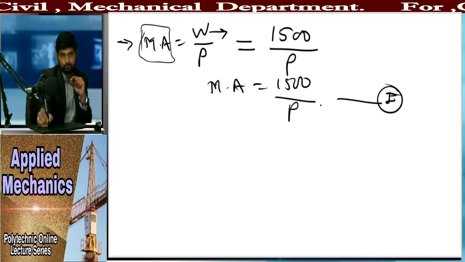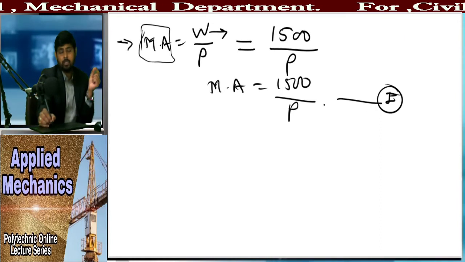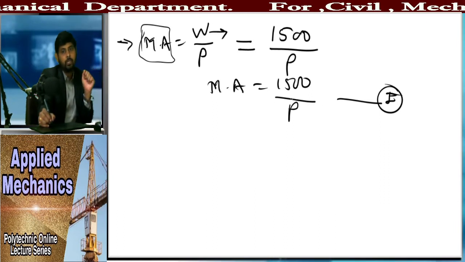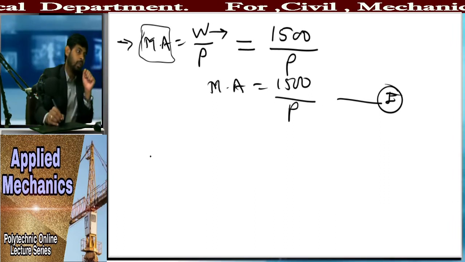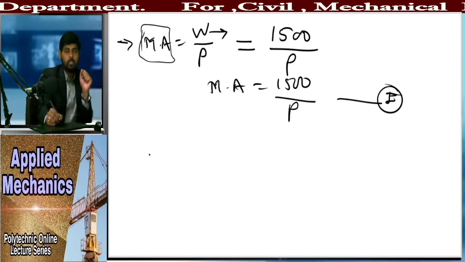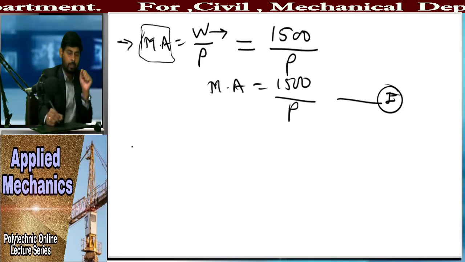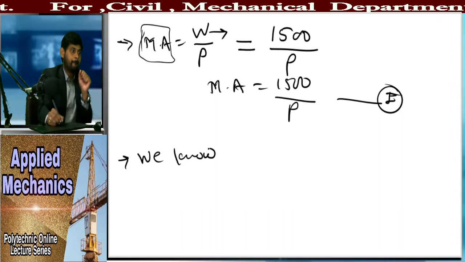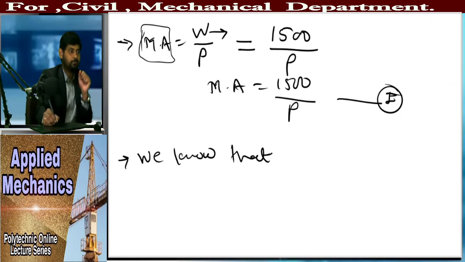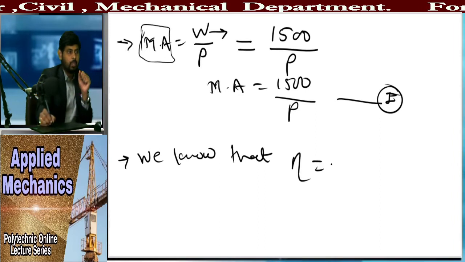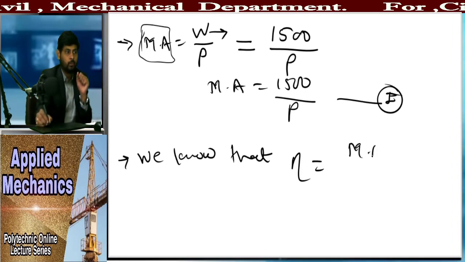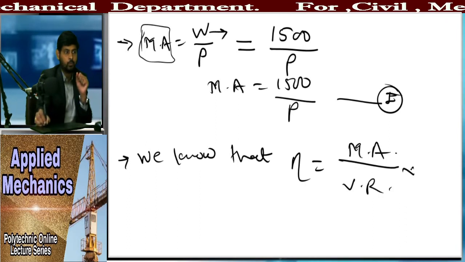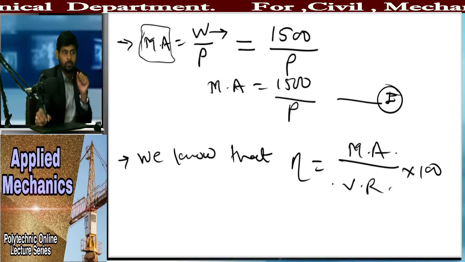Okay. So now we can use this equation in the efficiency formula. So how can we find out the effort? Here we know the formula. We know that efficiency is equal to mechanical advantage divided by velocity ratio into 100, right?